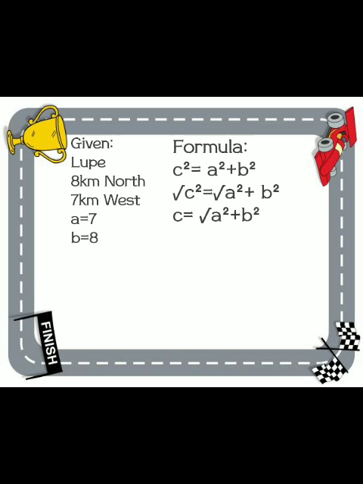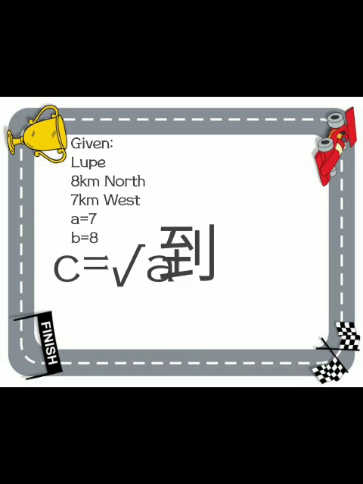The square root of c squared cancels, giving c equal to the square root of a squared plus b squared. This is the formula that we are going to use in solving for the resultant vectors, derived from the Pythagorean theorem.